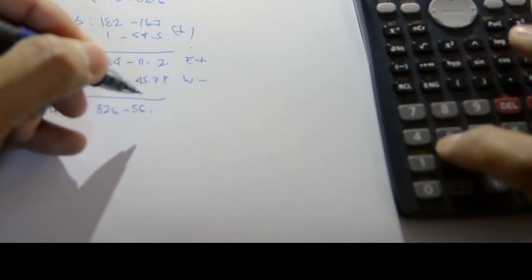So we have east, so it will be plus. You have the value of 326°56'. The 54 seconds, you will convert into minutes. 54 divided by 60, so it will be 0.9.